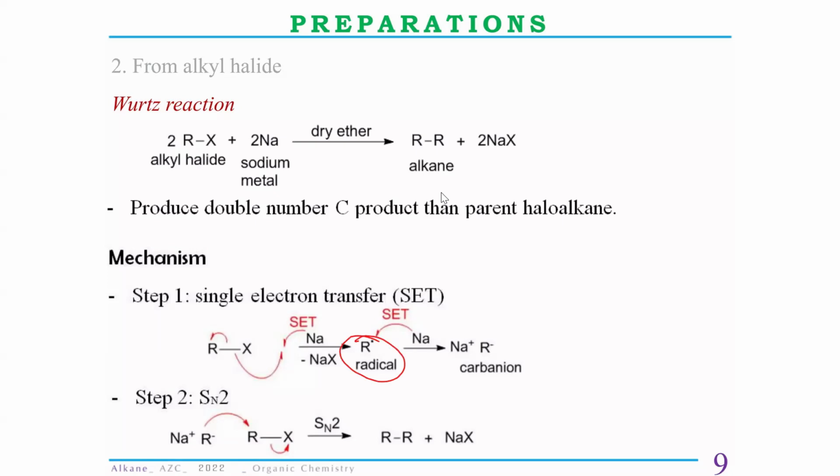The radical will then react with sodium to produce a carbanion. Then, using the SN2 reaction mechanism, we are coming to that, we also do a video on SN1 and SN2, the alkyl halide reacts with the carbanion, and then you generate your alkane. So this is the Wurtz reaction.